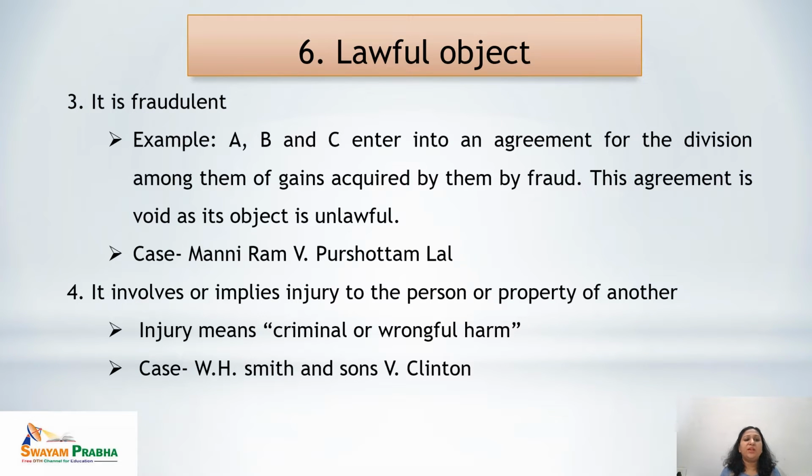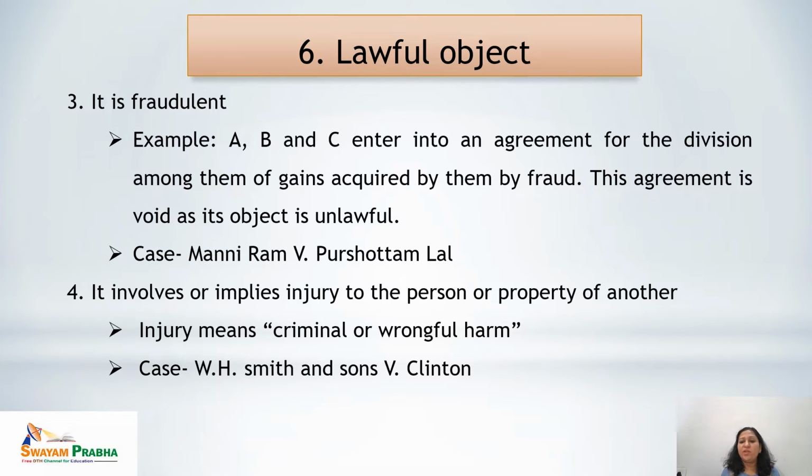Second is, if it is fraudulent. The Indian Contract Act 1872 says that any object which is fraudulent can't give rise to the enforceability of the contract. Let's see the example. A, B and C enter into an agreement for the division among them of gains acquired by them by fraud.